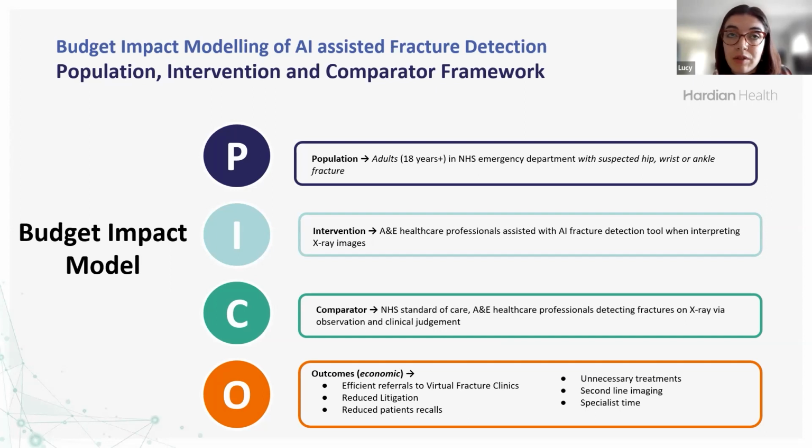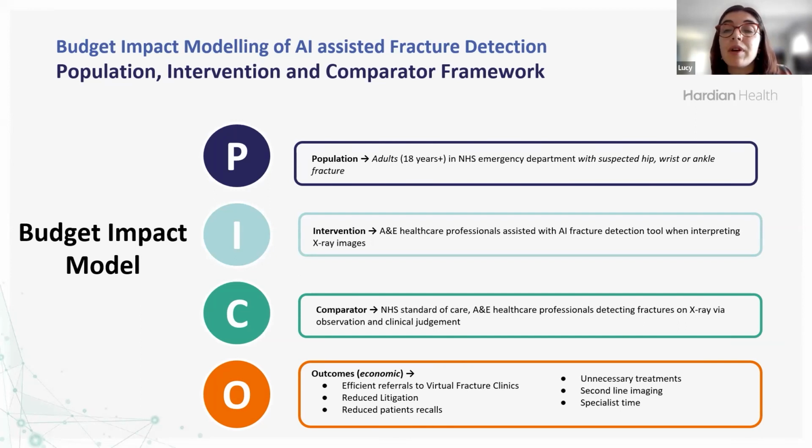For the population, we decided to look at adults only, because the treatment and management of adults is different to pediatrics, and the adult population is bigger than the pediatric. Focusing on NHS emergency departments for those suspected of having a hip, wrist, or ankle fracture.